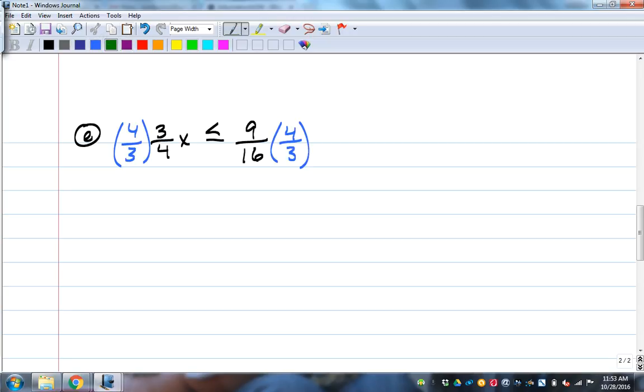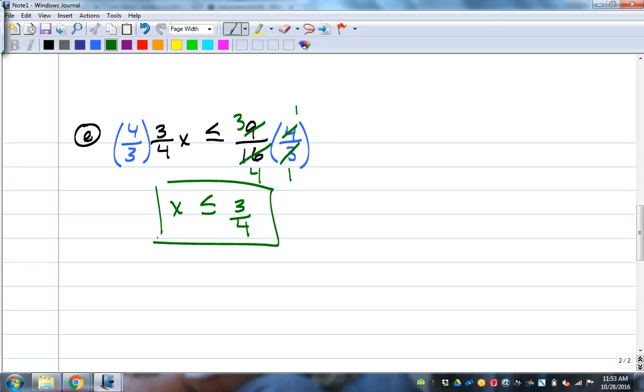I'm going to cross cancel here because it can. And I end up with x is less than or equal to 3/4. Should I have flipped that symbol? No, I didn't divide or multiply by a negative, so I don't flip that symbol.